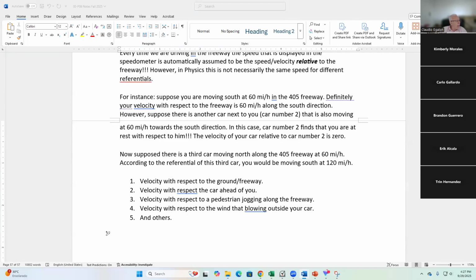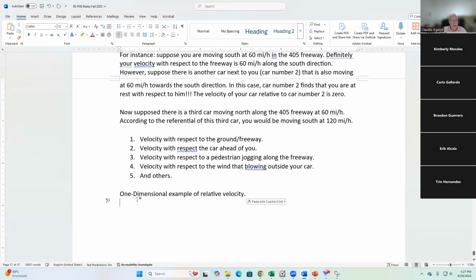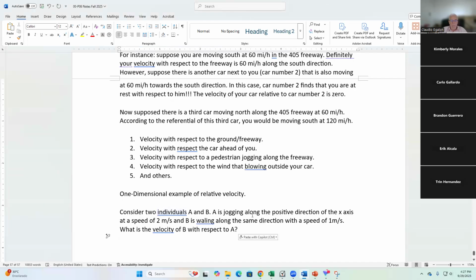So let's start with a one-dimensional example of relative velocity. Two individuals, A and B. A is jogging along the positive direction of the x-axis at the speed of 2 meters per second, and B is walking along the same direction with speed of 1 meter per second.